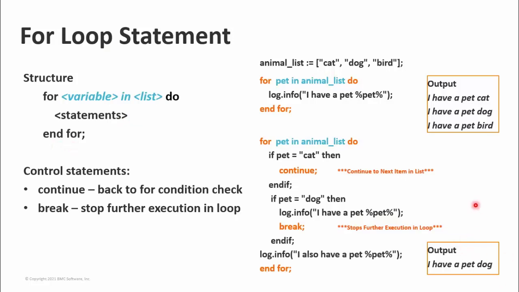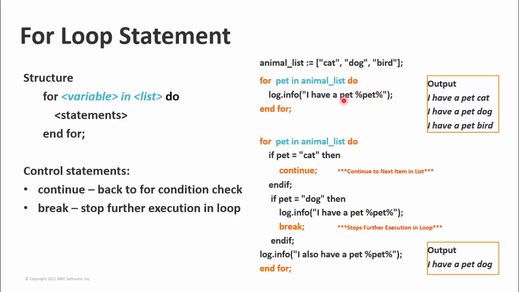Over on the right, I have some examples. We have animal list is cat, dog, bird. And so here's a simple for loop. For pet in animal list, do log.info, I have a pet, and then the name of the pet enclosed in % signs.